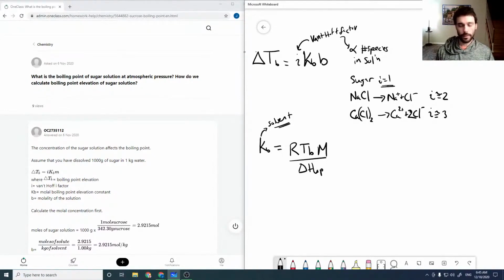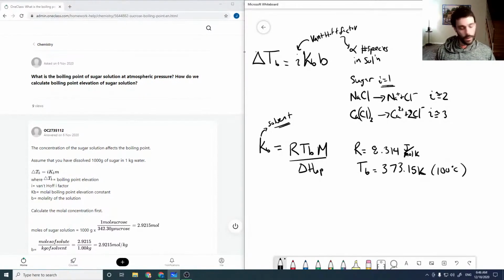So for water, the gas constant for any species is 8.314 joules per mole Kelvin. Our boiling point for water, I'm going to use as 373.15 Kelvin, or 100 degrees Celsius.